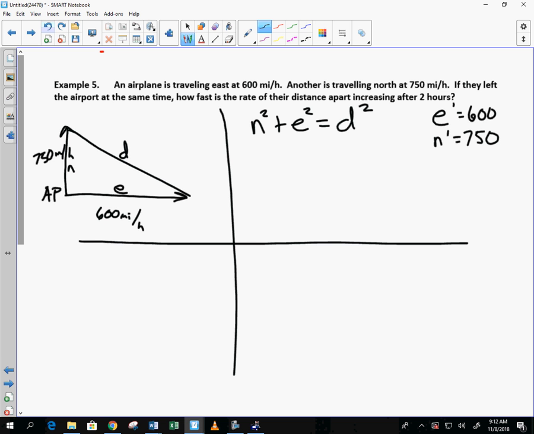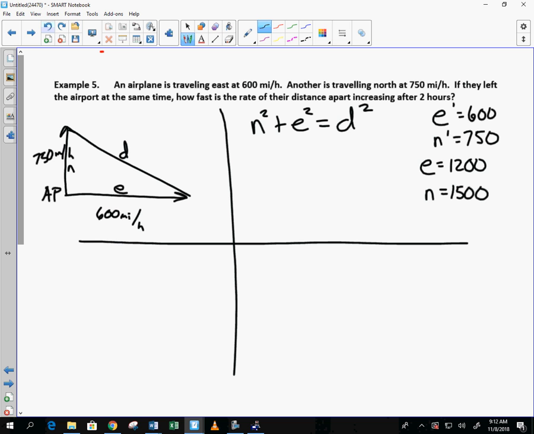I wonder, could I figure out the distance? For example, if it's traveling at 600 miles an hour for how many hours? 2 hours, what would be the distance? Oh, so we do know E. E is 1200. I wonder if I could figure out N. 1500. Wow, you guys are smart.